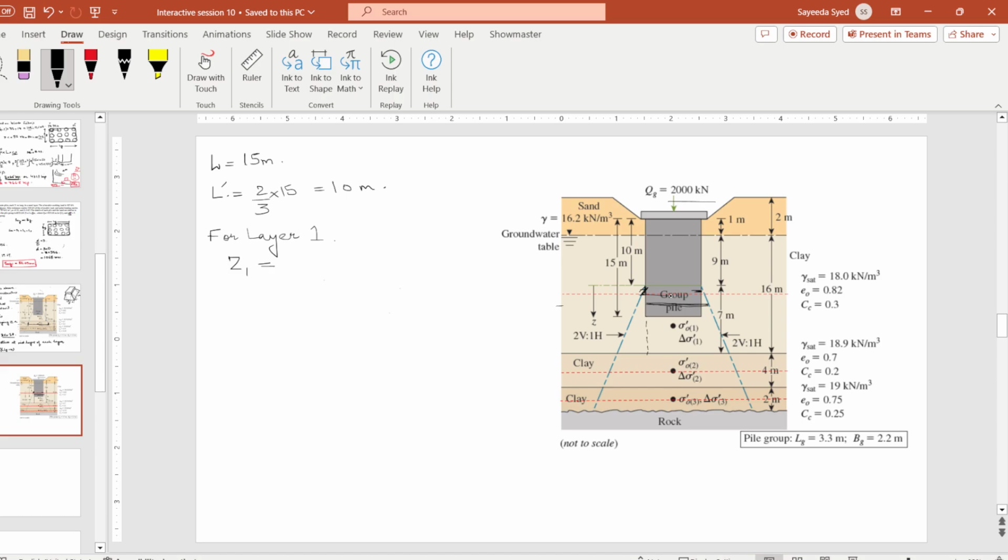So our delta sigma, the Bg is for this pile. Is the Bg given? Yes.